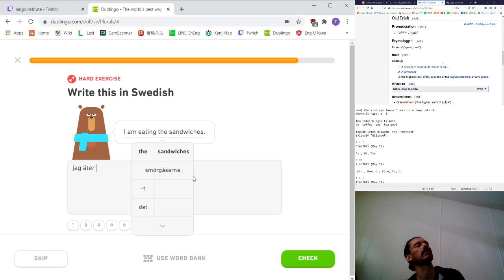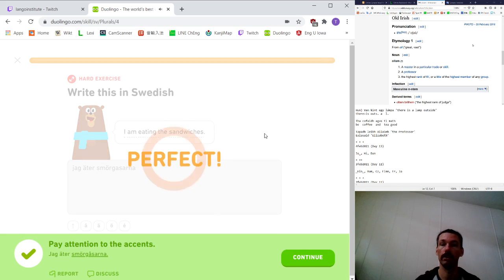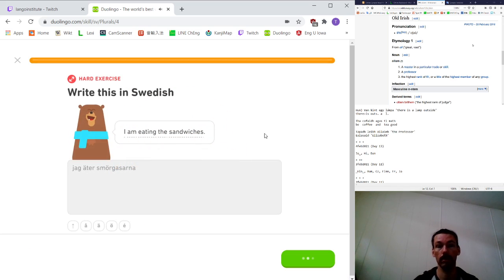Plural definite. Smörgås. Smörgåsarna is my guess. Gasarna. Still gotta learn the rules for the vowel changes there. Whatever the pattern is, whether it changes or not.